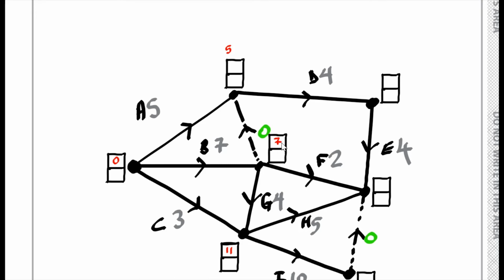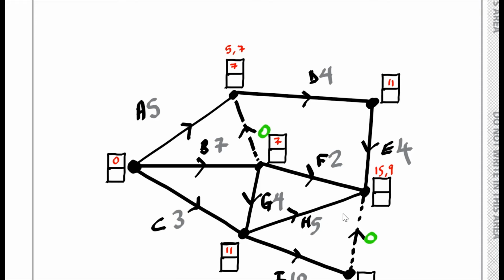And 7 plus 0, that's 7. So we have 7 here. 7 plus 4, that's 11. 11 goes in here. 11 plus 4, that's 15. 7 plus 2, that's 9.